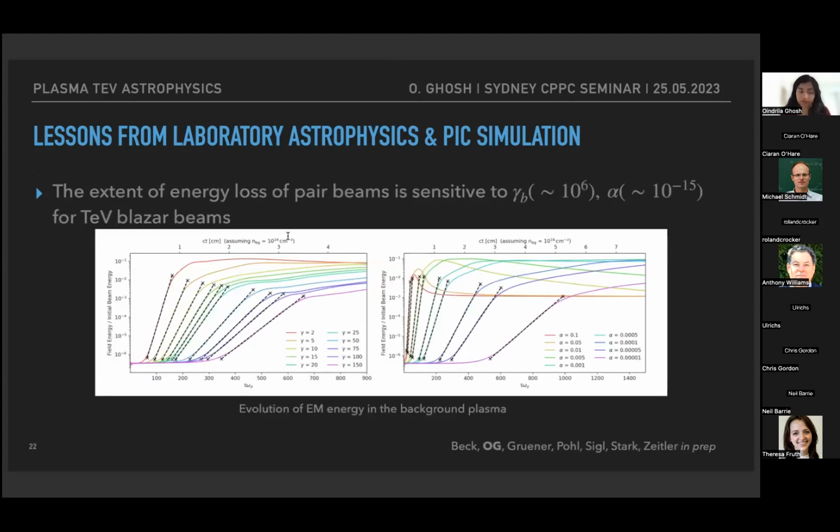We also notice that the extent of the energy loss of pair beams is sensitive to the gamma factor and the density contrast.